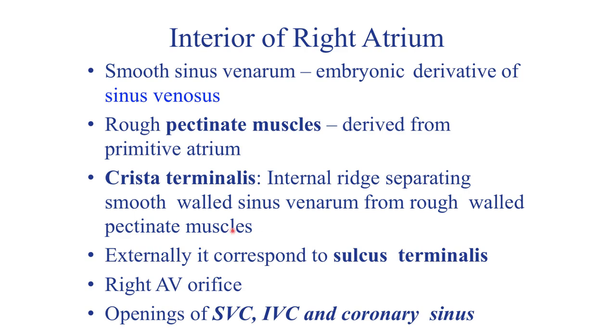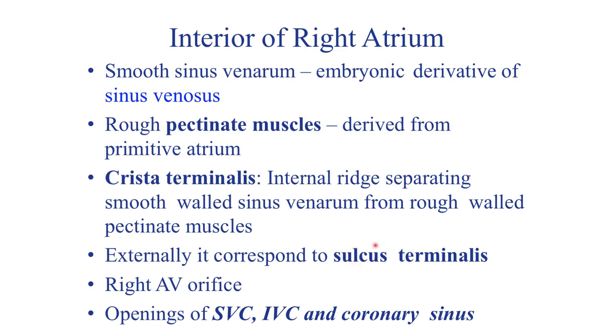But again, you can see the crista terminalis, which is the internal ridge separating the smooth surface of the wall of the sinus venarum from the rough surface of the musculi pectinati, or the pectinate muscle. But again, I hope you have seen what we call the sulcus.